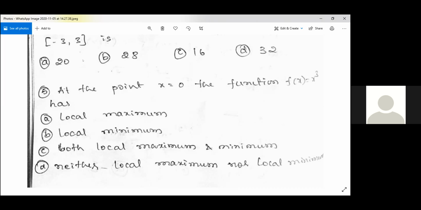Local maximum means d square y by dx square at x equals 0 should be less than 0. Local minimum means d square y by dx square at x equals 0 should be greater than 0. Both local maximum and minimum is not possible. Neither local maximum nor local minimum means it will not attain its maximum or minimum at that point x equals 0.